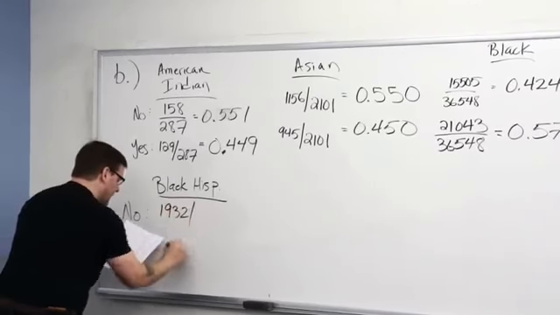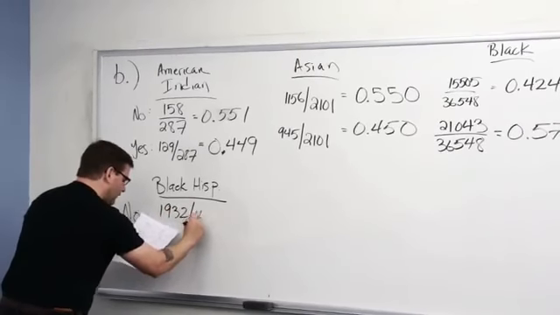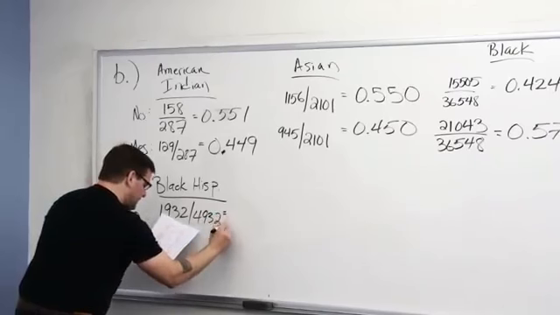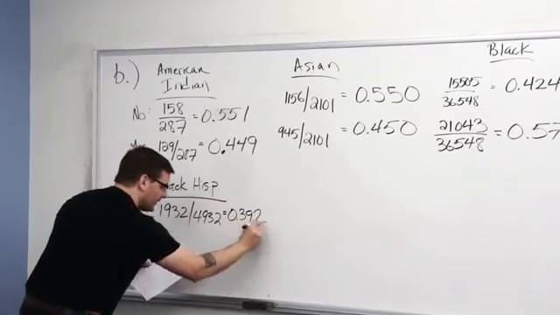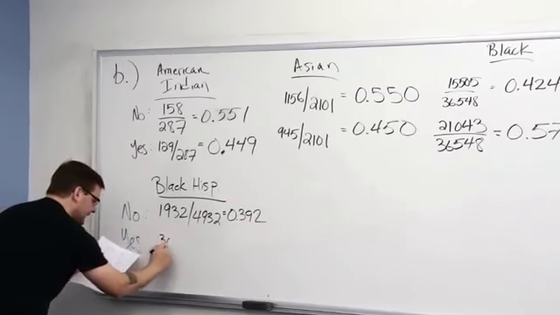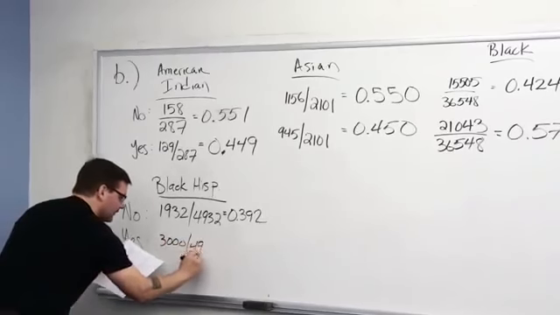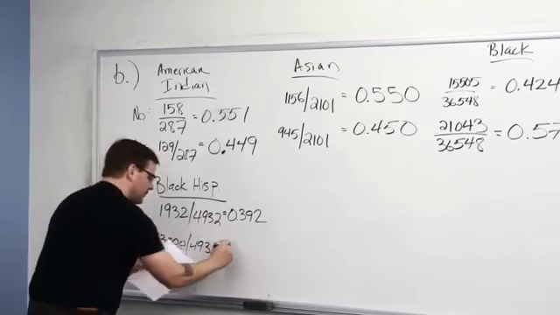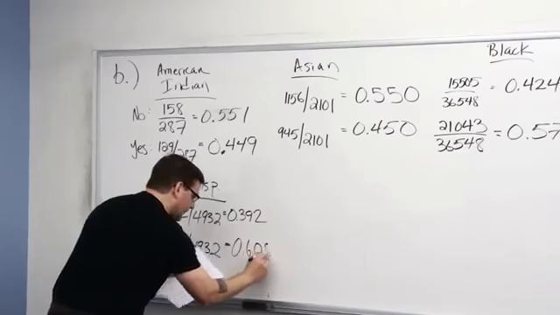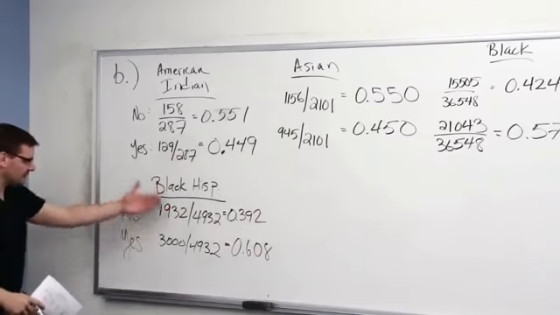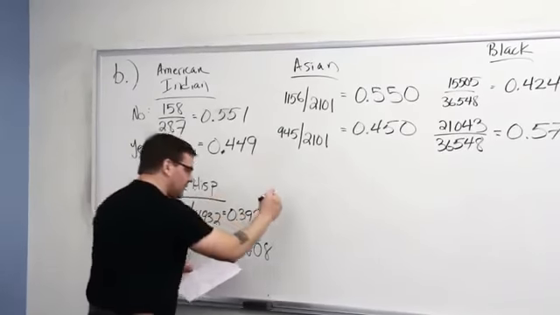You can pause the video at home. 1,932 over 49,32, that total is 0.392. If I go to the yeses, 3,000 over 49,32, that is 0.608. Huge differences here compared to what we're used to.